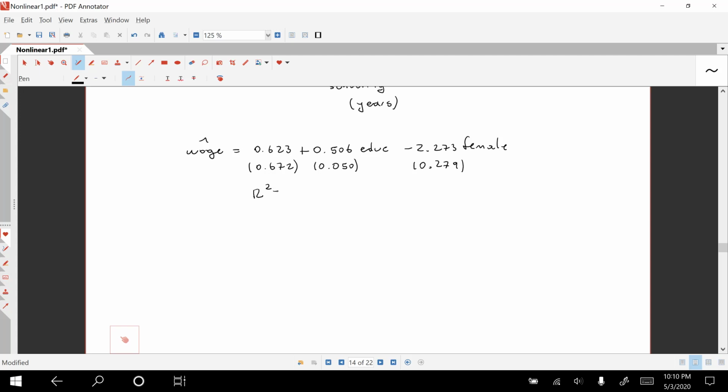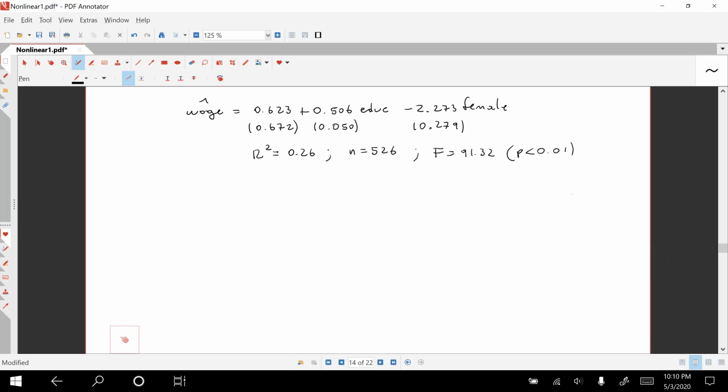The R-squared is 0.26 and 5.6 for the F statistic, with standard errors 1.02 divided by 2.01. So that's the estimated model.